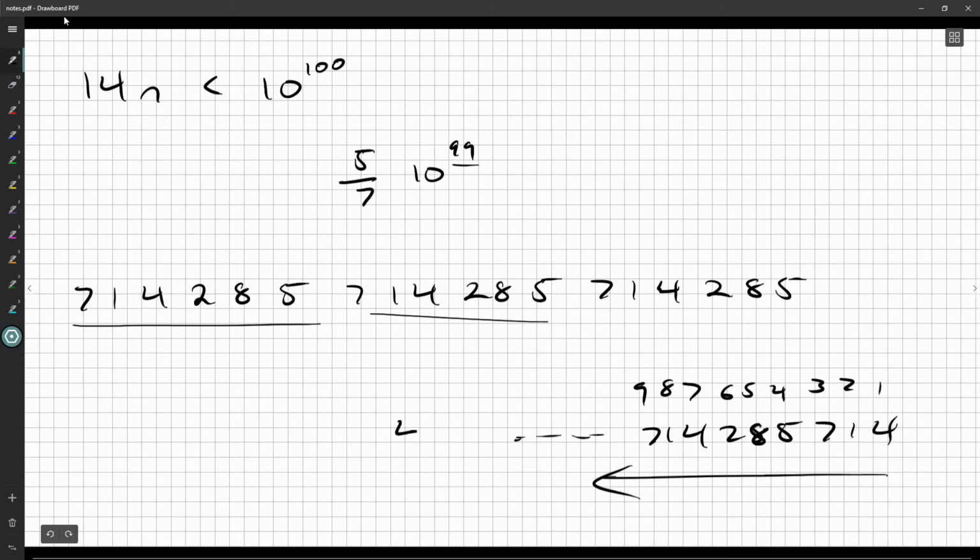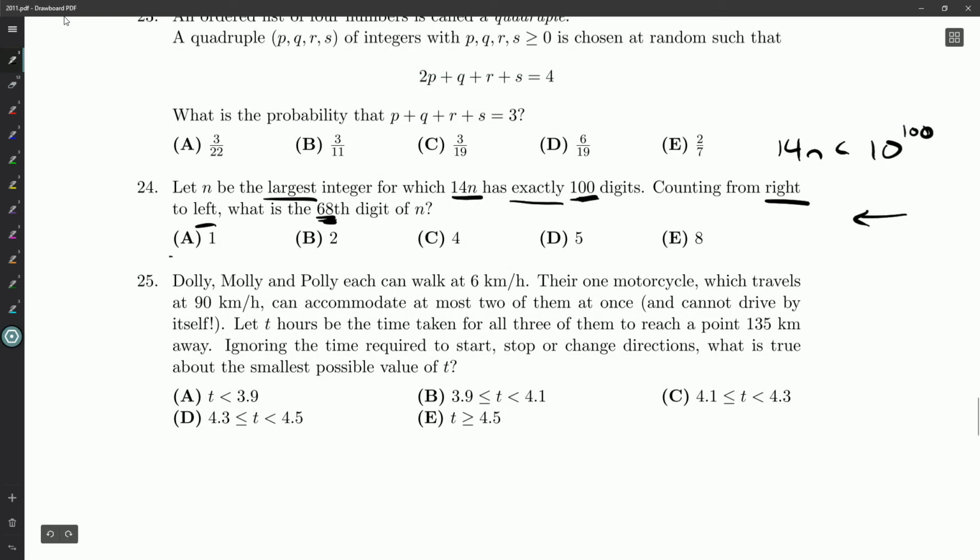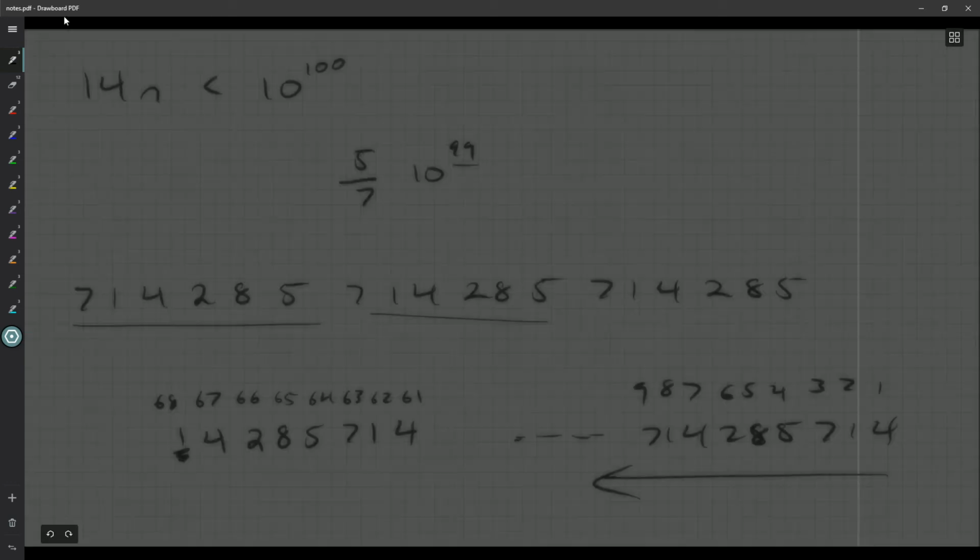And then it'll go 4, 1, 7, 5, 8, 2, and that'll be the 66th, 65th, and so on. And then it'll go 4 again for the 67th, and then 1 for the 68th digit. Okay, so I'm declaring our answer to be 1, and that's A. There we go.